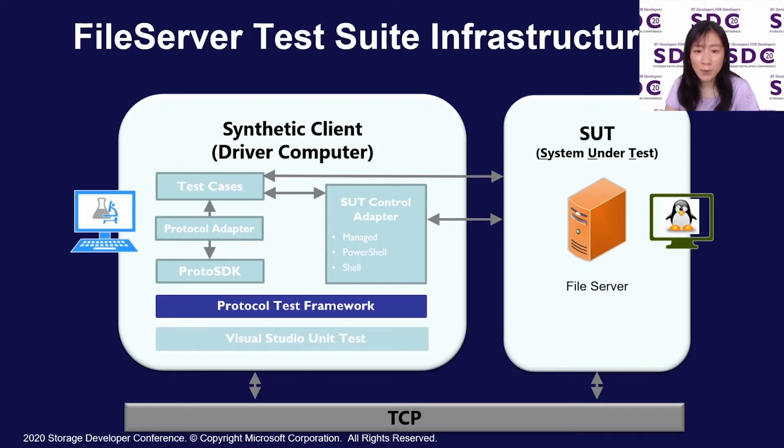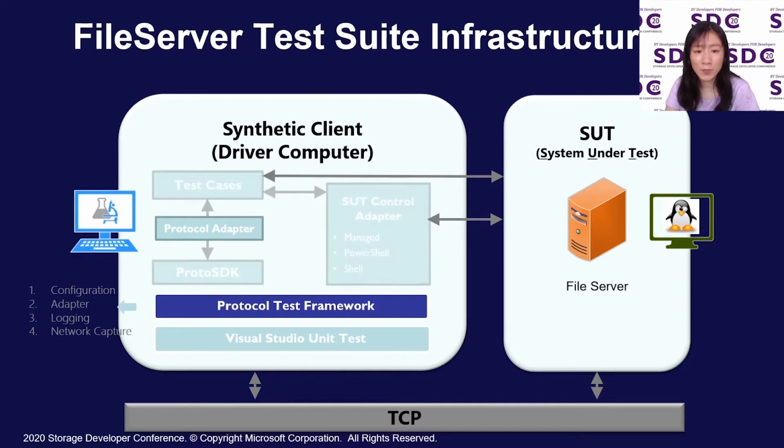We have several types of SUT Control Adapter: managed, PowerShell and Shell. SUT Control Adapter is used to control the status and make configurations on the SUT. Our test cases control the message sequence and verify the status between the Java computer and the SUT.